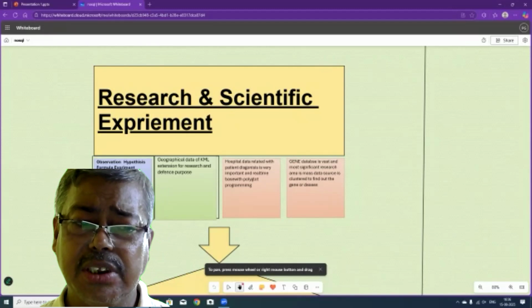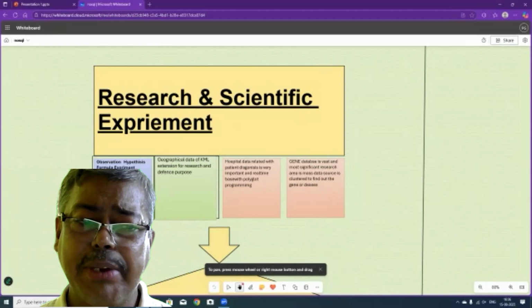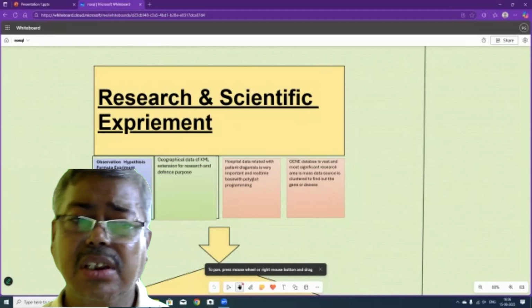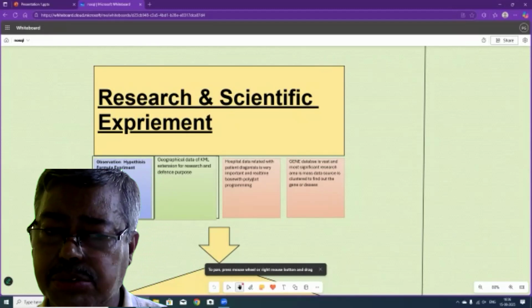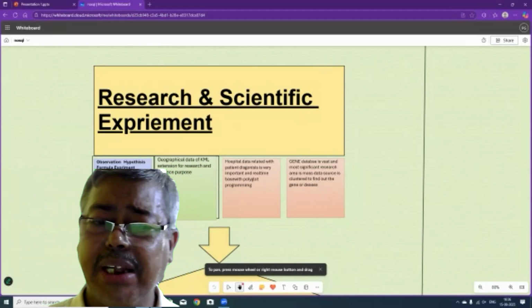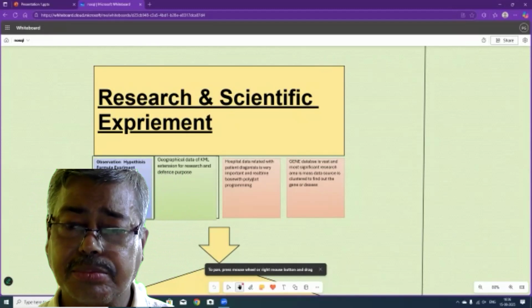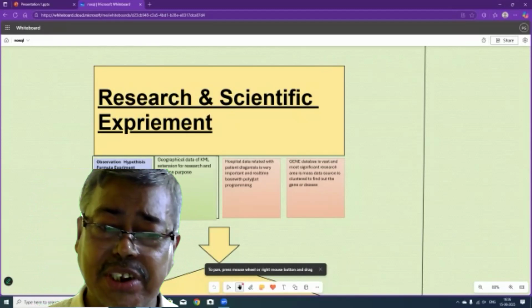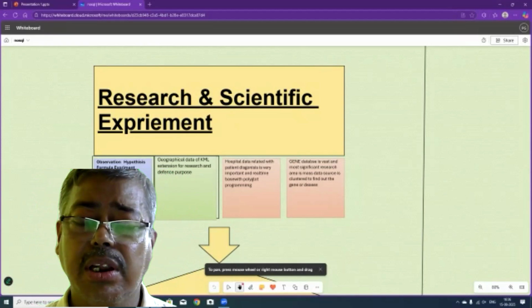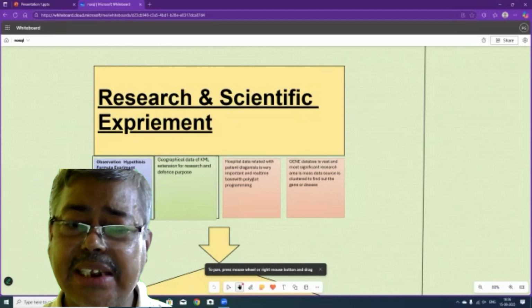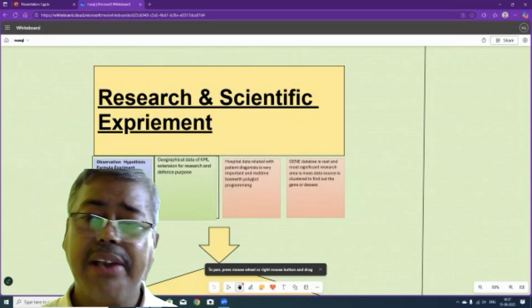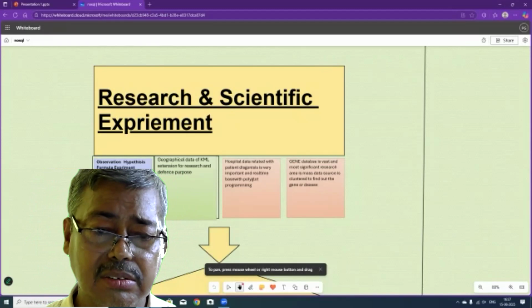Observation, hypothesis, formula, experiment, analysis: this type of data is used. And it is mainly related to hospital data, where the patient diagnosis report is very important. It is real-time based data and supports polyglot programming.